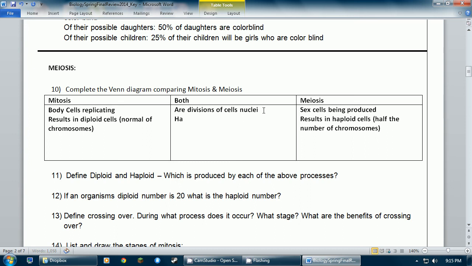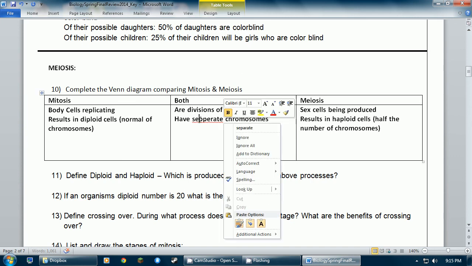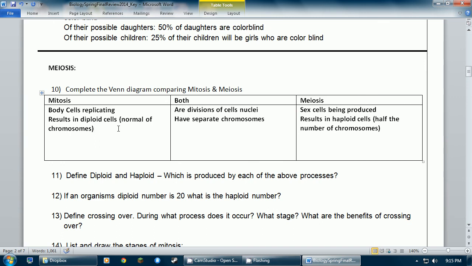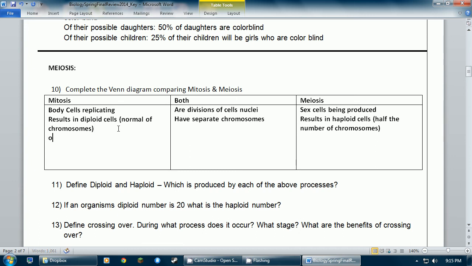So both have to separate chromosomes. Those are our strands of DNA. Alright, so what else do we need to know? We need to know that there is one division in mitosis. In meiosis, there are two divisions.